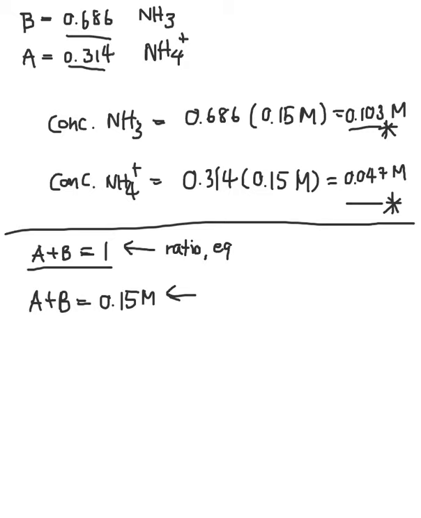So you can use A plus B equal 0.15 here, and then if you want to solve for A, it can be 0.15 minus B. So B will be equal 0.15 minus A. That looks like this, and then you can solve for B and A, and the amount that you get will be the molarity instantly.